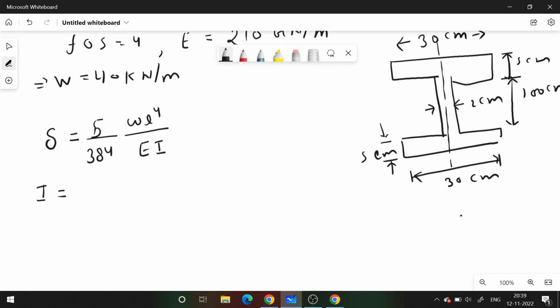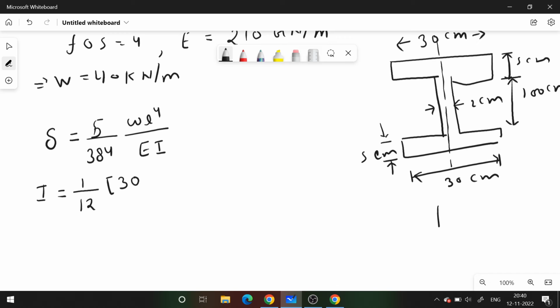Here the section is symmetrical about the x-axis, so the moment of inertia can be easily determined by taking this section as a whole rectangular section and removing the inner rectangular section from this large rectangular section.